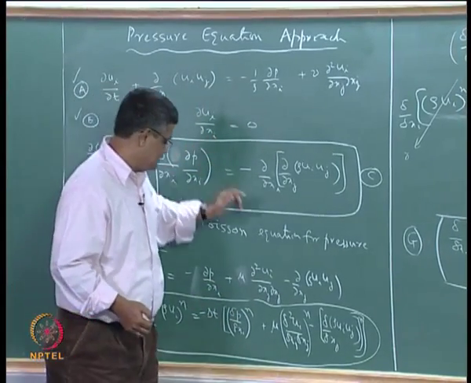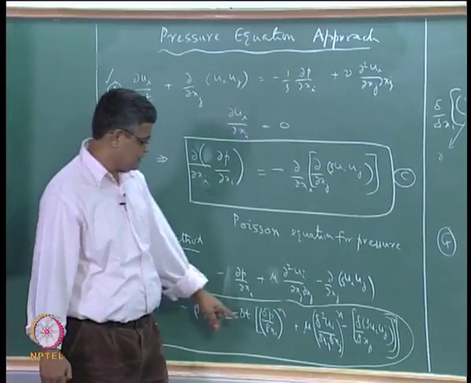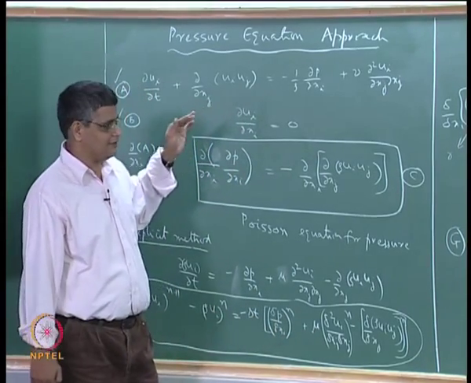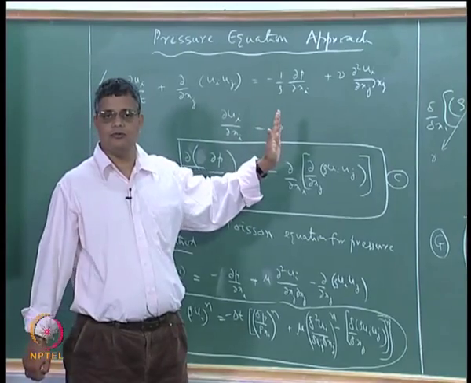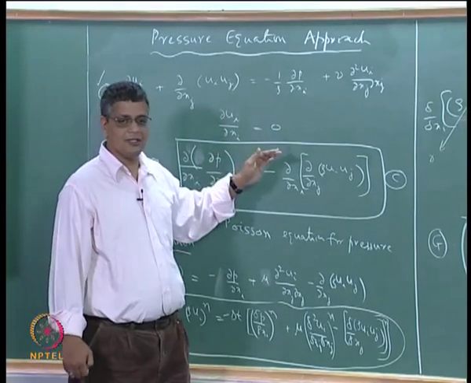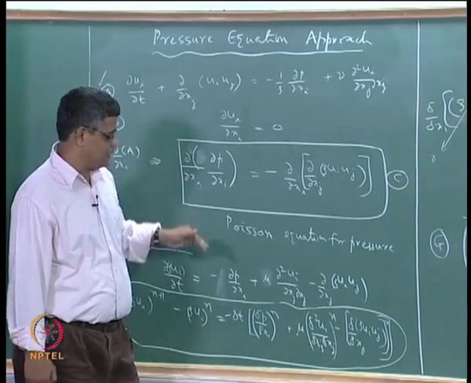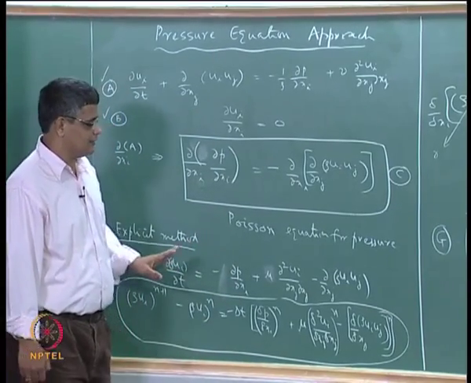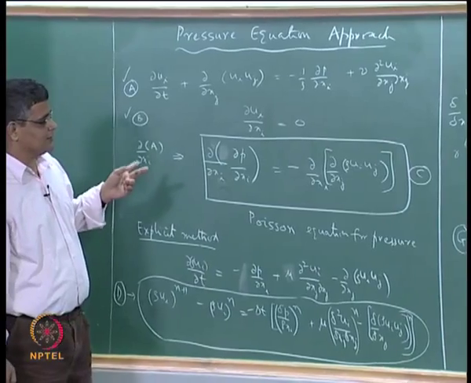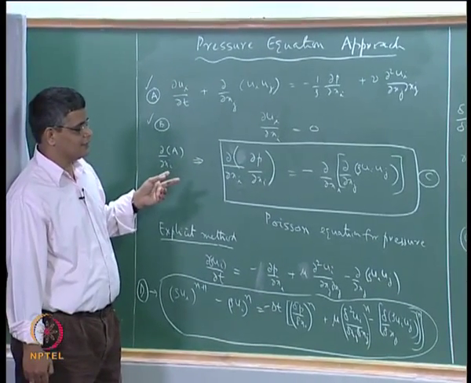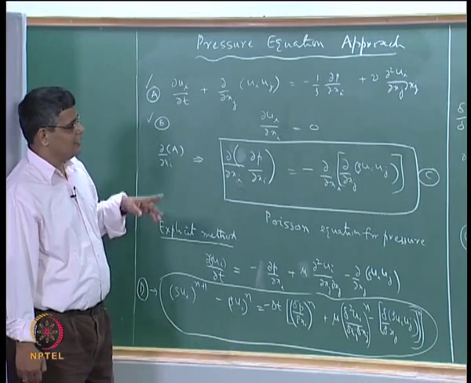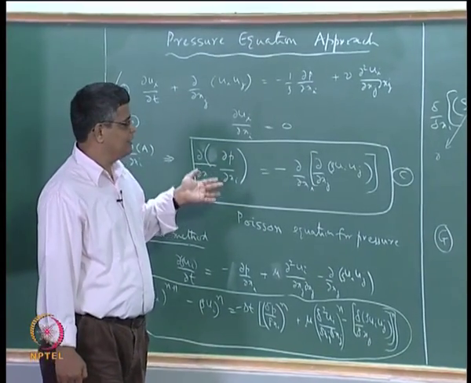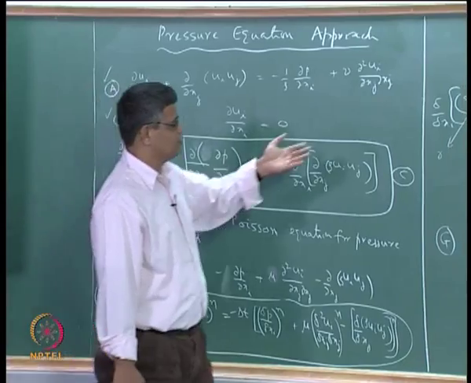So you may have to evaluate the correct value of mu and rho at a particular pressure, but during the flow, because of the pressure variation, we do not have a variation of mu or density, and that is the understanding of this. So that density and pressure relation is taken out, and pressure comes as a fictitious variable in enforcing continuity, and that is what we have done here.